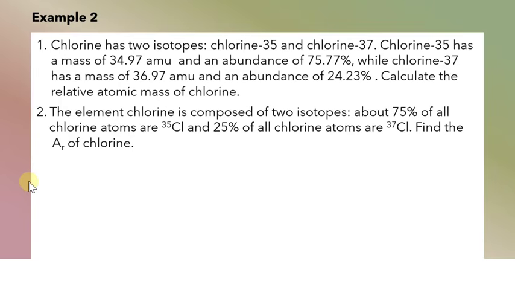Calculate the relative atomic mass of chlorine. Then number 2, the element chlorine is composed of 2 isotopes. About 75% of all chlorine atoms are 35 chlorine and 25% of all chlorine atoms are 37 chlorine. Find the relative atomic mass of chlorine.